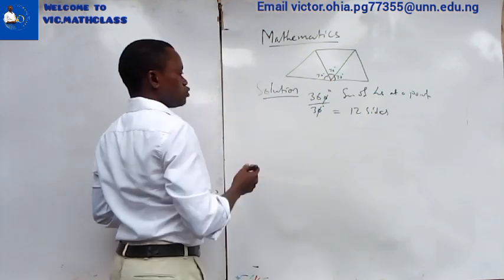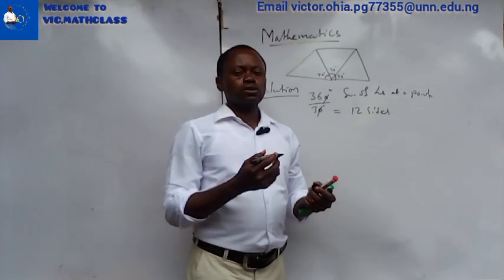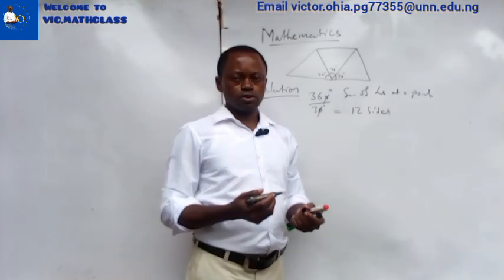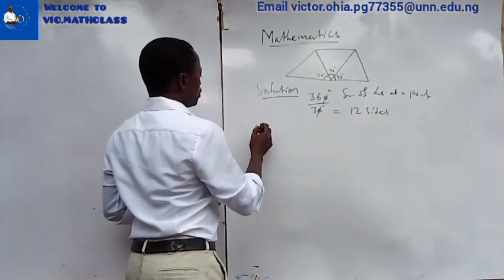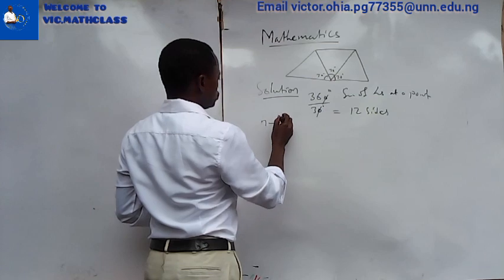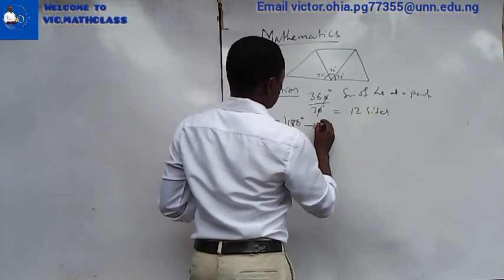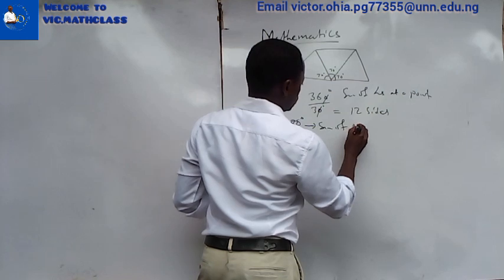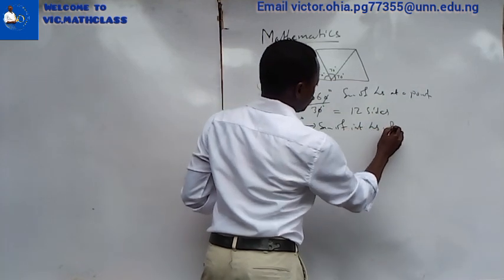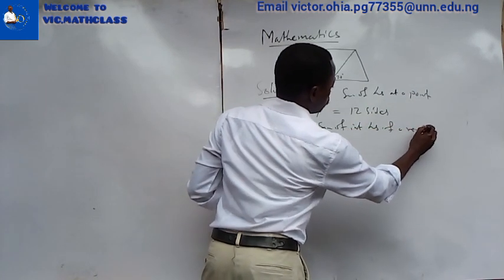The expression for the sum of interior angles of a regular polygon is n minus 2, in bracket, 180 degrees.